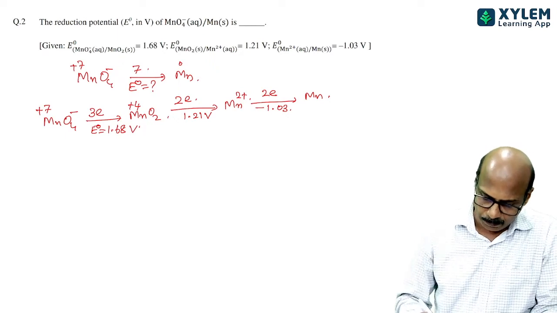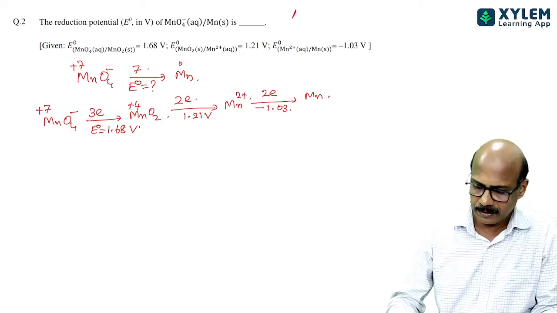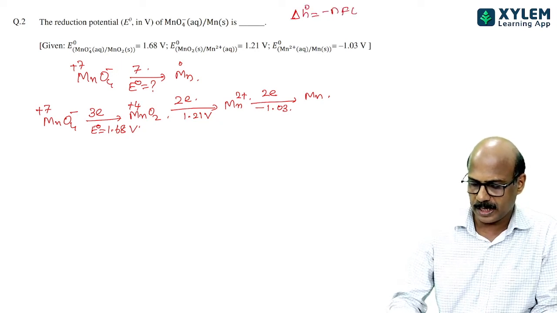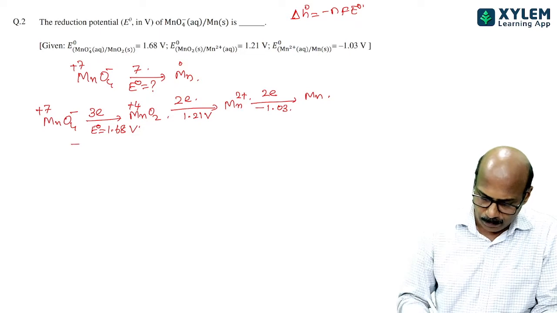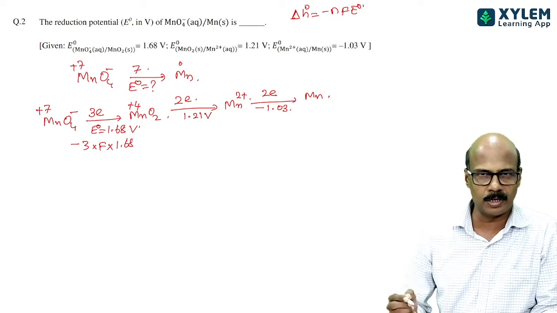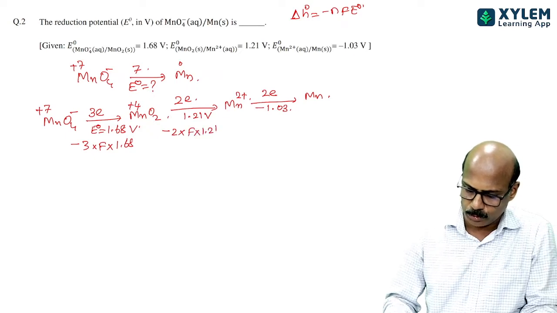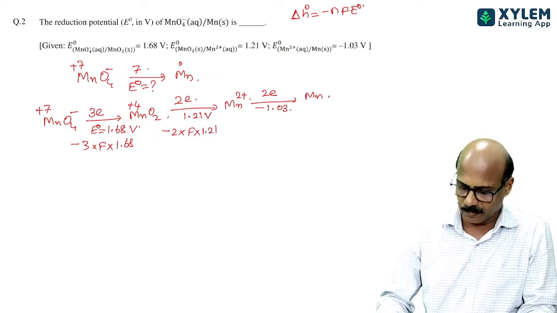Delta G of permanganate to MnO2. How will you find out delta G? We have the result delta G naught equal to minus nF E naught. So minus 3 into F into 1.68 will be the delta G naught of the first transformation. What about the second one? Minus 2 into F into 1.21 volt. What about the third one?